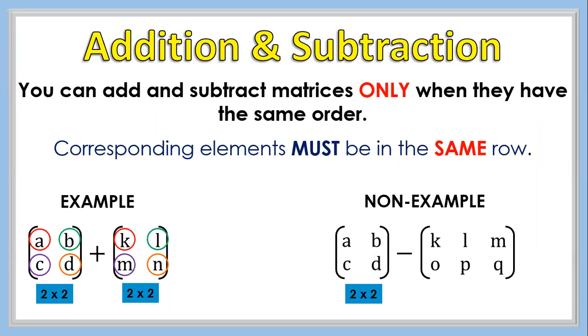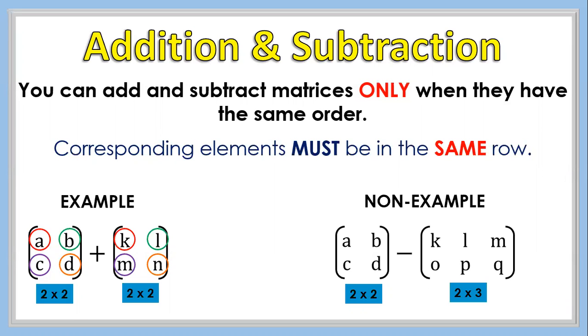Did you say a 2 by 3 matrix? Excellent. This is a 2 by 3 matrix where the members are K, L, M, O, P, and Q.